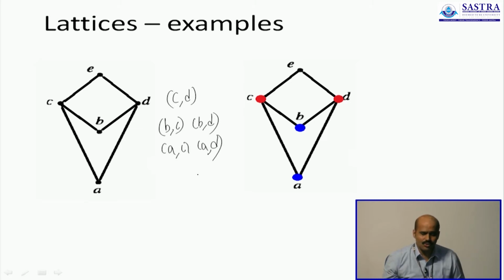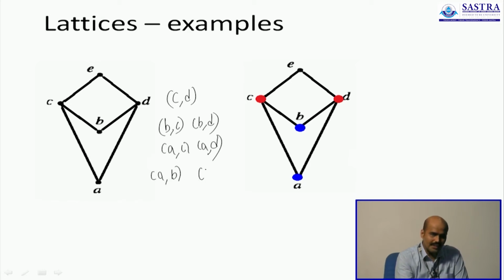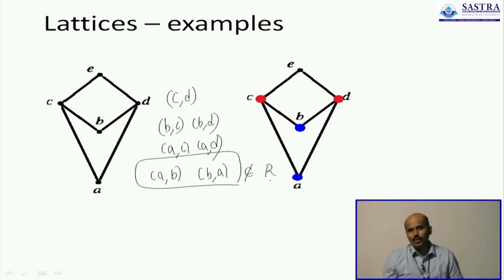But among these two, you identify both A and B as lower bounds. A is a lower bound, B is also a lower bound, but among those two there's no relation. You find neither BA nor AB as a part of the relation. Both of them do not belong to the set of all ordered pairs represented by this Hasse diagram.